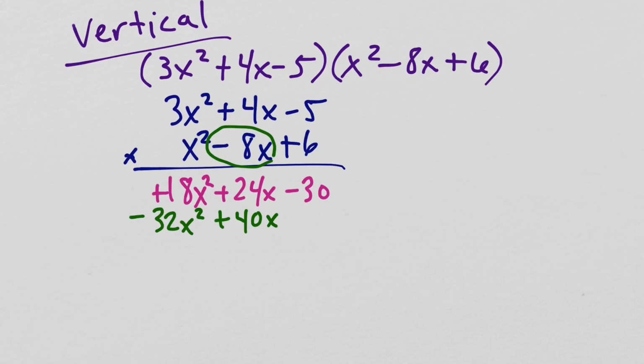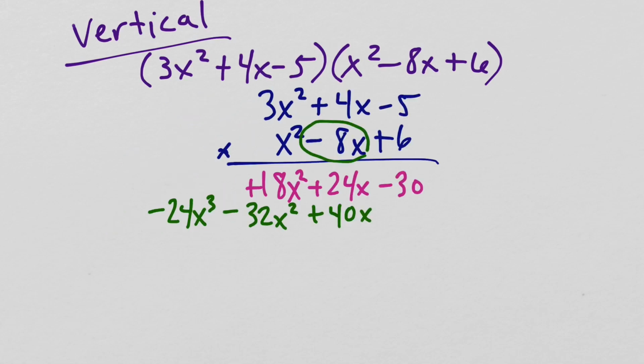And then you have a negative 8x times 3x to the second. That's going to give you a negative 24x to the third power. So the last part here now, as we move on, we now have this x squared that we have to multiply to each of the terms above it.